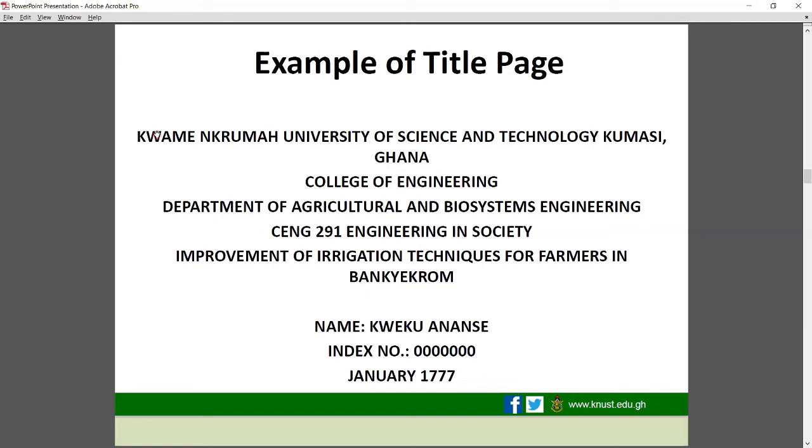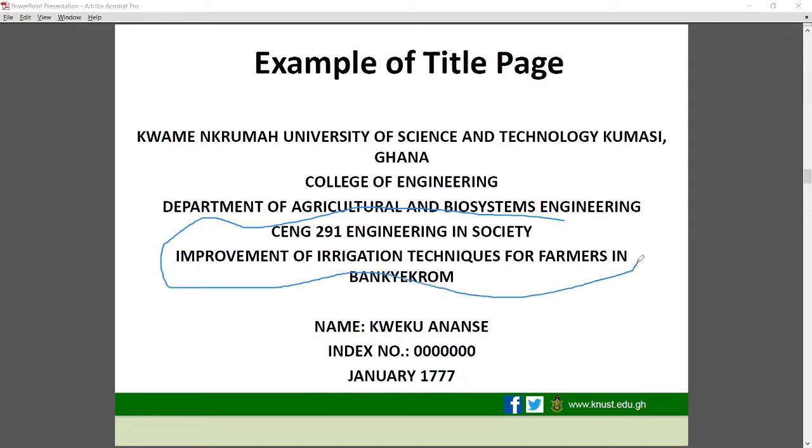So it's basically in three parts, right? Let me change the annotation to a vanishing pen. You have the last part, that is the details of the students. So it contains your name, your index number, and the year that you wrote the report. And then we have the course that you are reading, CENG, then the topic that you are also talking about.